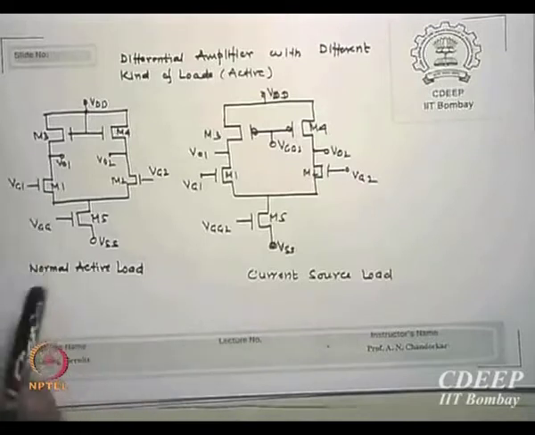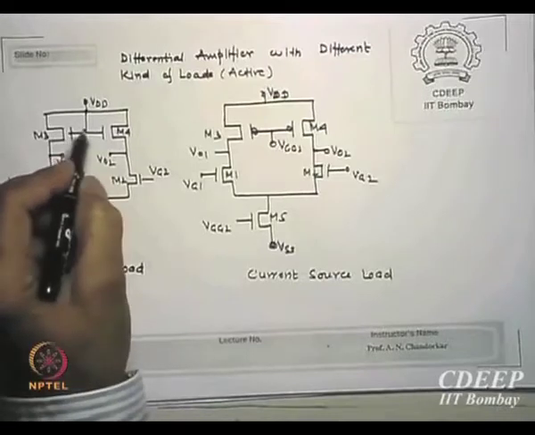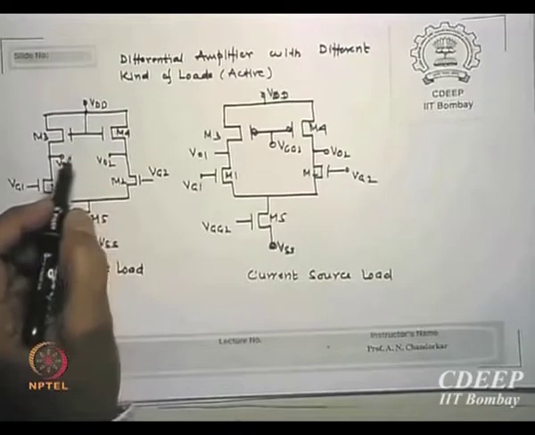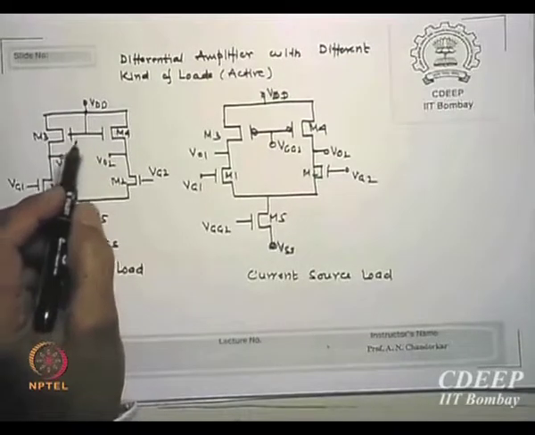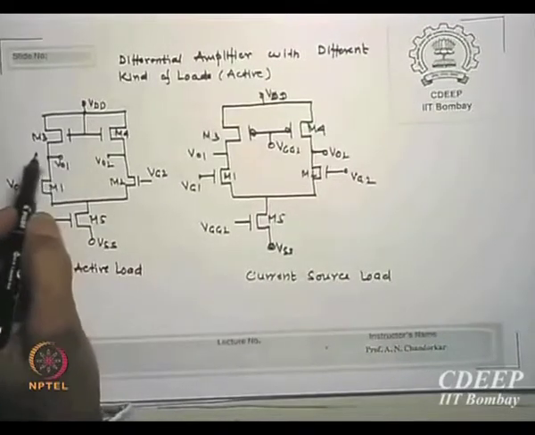Okay, this is called a normal active mode load. यदि समझो ये P channel करते तो क्या change करता मैं? Instead of N channel, then the gate connection should have gone where? Like this. They should go to the source side.